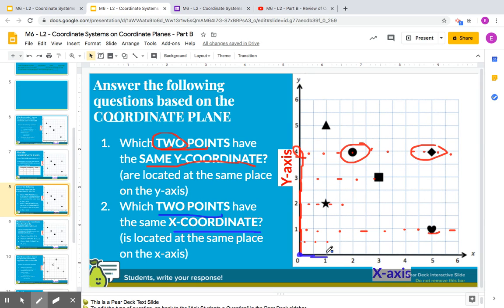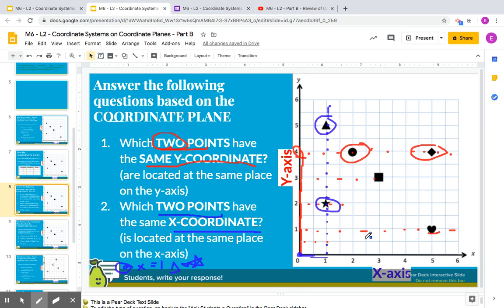If I move over to 1, I see that I have a star and a triangle. So I know at x equals 1, I have a triangle and a star.